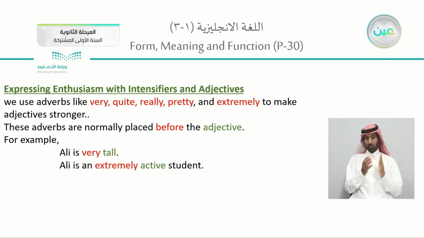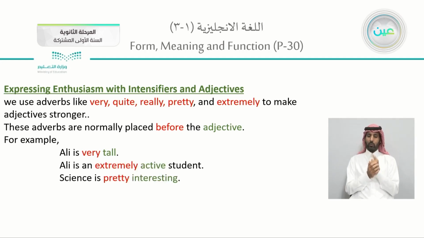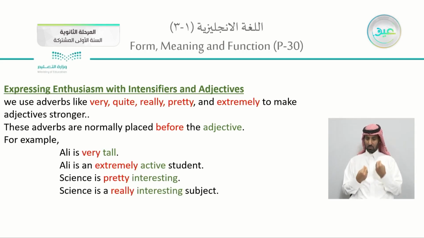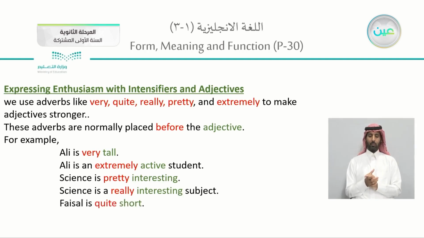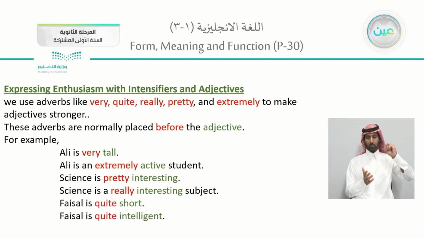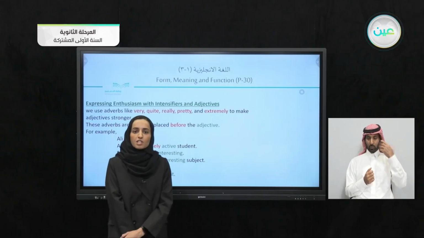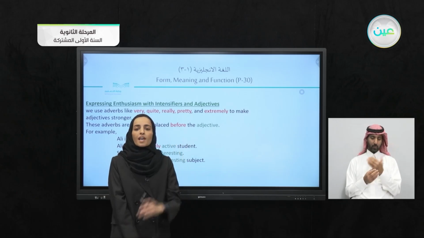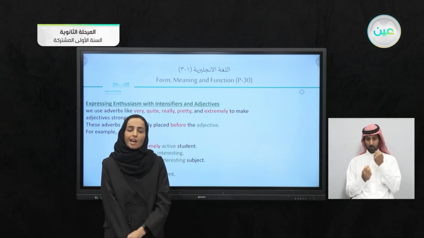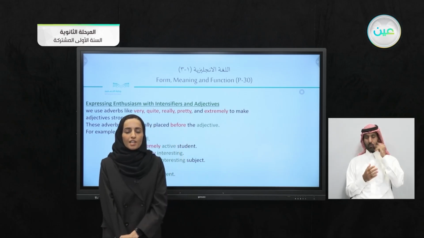Also, Ali is an extremely active student. Science is pretty interesting. Science is a really interesting subject. Faisal is quite short, and Faisal is quite intelligent. Notice that we use these intensifiers before the adjective, before tall, active, intelligent, and interesting.